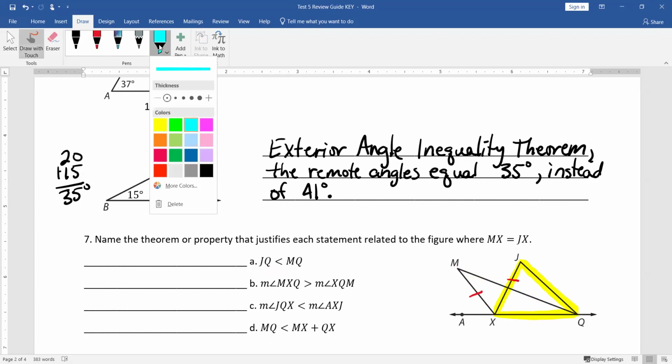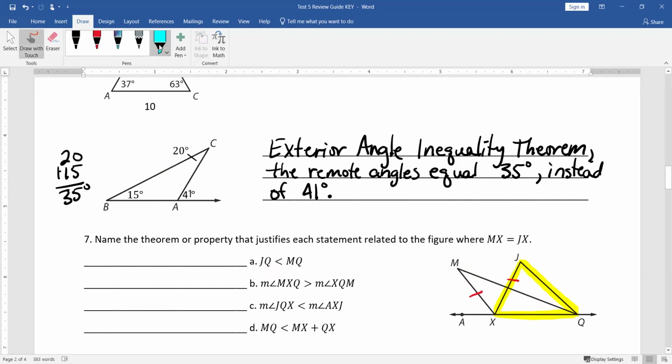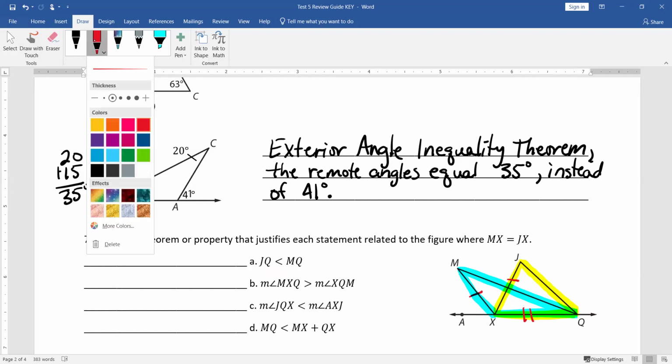The triangle that contains MQ is this triangle right here. Both of these triangles share a side, QX, and MX and JX are congruent because they told us that.